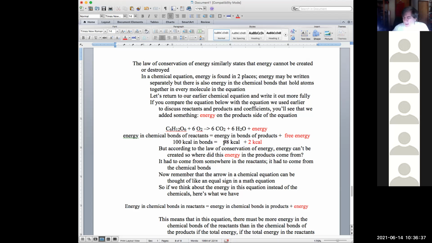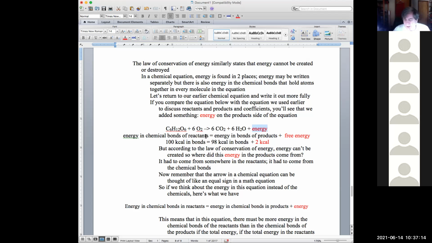Now, the reason I wanted to give you a specific mathematical example is sometimes it's easier to see, but if we think about the free energy in a chemical equation, if free energy is written on this side of the arrow, and notice this is the product side, remember the arrow is pointing to the products. If we have free energy in the products, there's going to be more energy in the chemical bonds of the reactants.